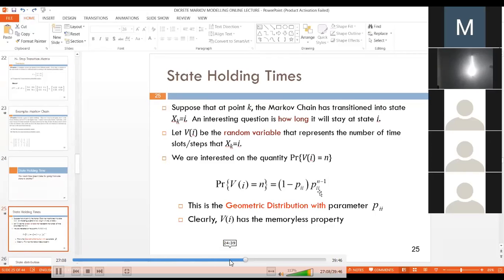So it will be 1 minus the probability that you remain in the state, which is the geometric process. Good. And like we said, this also has a memoryless property. So when we are modeling it, you want to find how long a process will remain in the state, you model the probability using the geometric distribution.